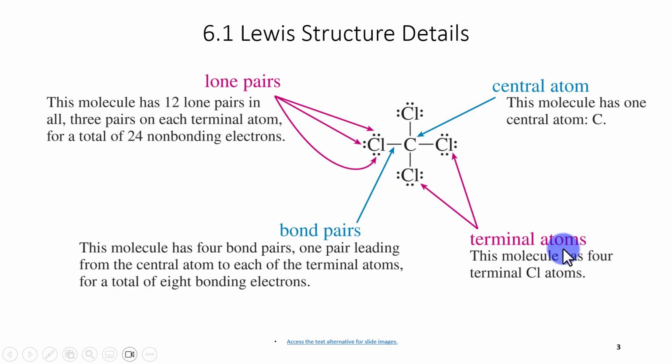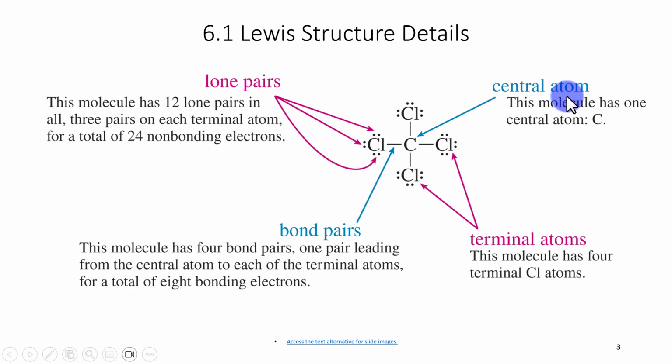Let's talk a little bit about terminology when it comes to Lewis dot structures. Here's the molecule carbon tetrachloride. It's a carbon with 4 chlorine atoms surrounding it. The atom that is in the middle here is called the central atom.